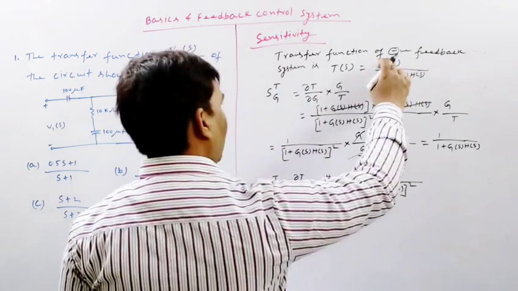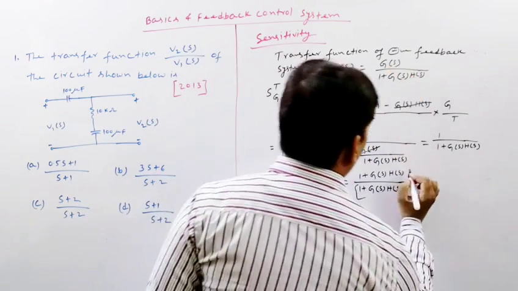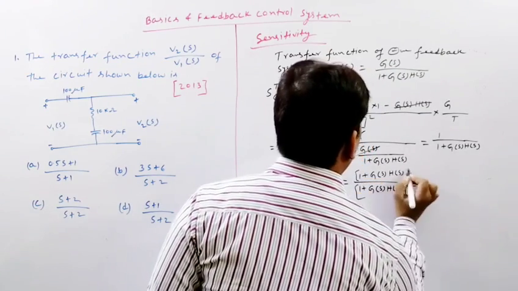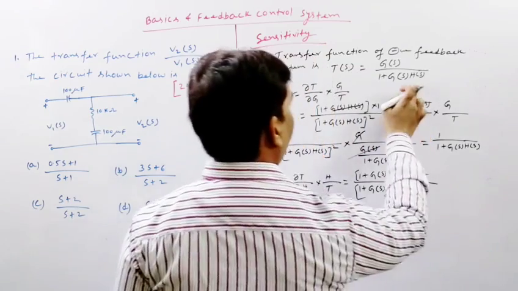If we differentiate the numerator with respect to H, then it will be 0, minus the differentiation of this.